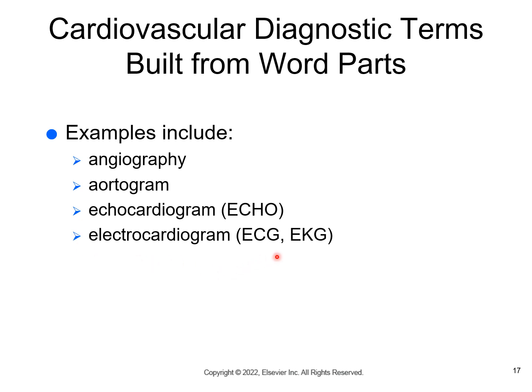I want to make sure that you don't get this ECG confused with an EEG. An EEG is an electroencephalogram, which is monitoring the impulses within the brain. So an ECG is an electrocardiogram, and an EEG is an electroencephalogram.